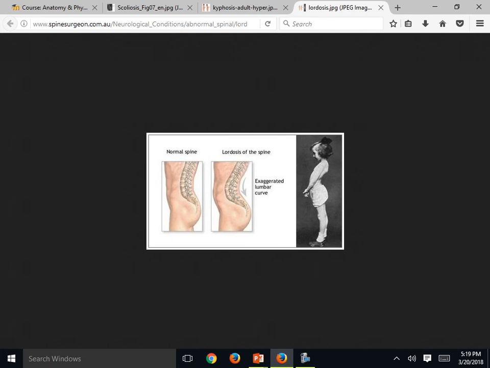And again, this is an exaggerated curve. Again, underlying causes could be bone density. The spine is trying to manage the excess weight distribution, and somewhat corrective surgery, but again, it's not particularly life-threatening, but it usually will cause a lot of back issues.